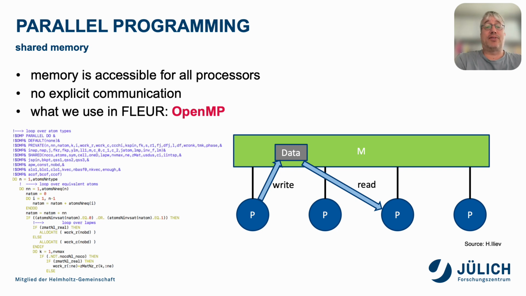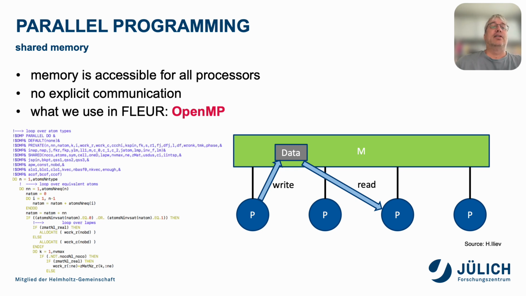As we discussed, we have the different cores, which are depicted here as P, different kind of processing units. And they all access the same memory, right? And therefore, you can essentially write with one of these processors to some part of the data, and then you use it somewhere else. So parallelism is relatively simple there.